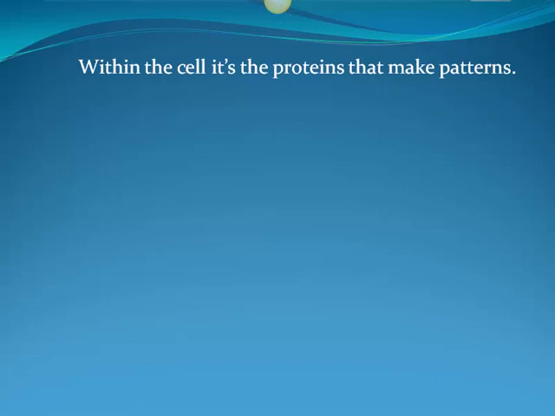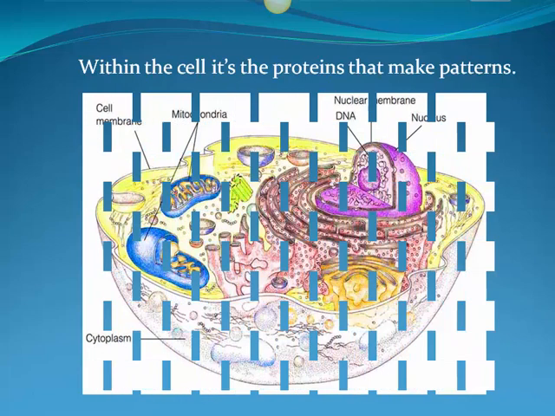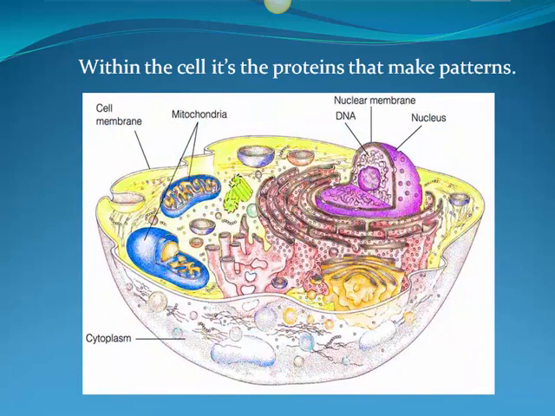So, what is it about the cell? Well, it is the proteins that are in the cell that make those patterns. So let's have a little look at what the cell involves. Here we've got the nucleus, and inside the nucleus we've got the DNA.